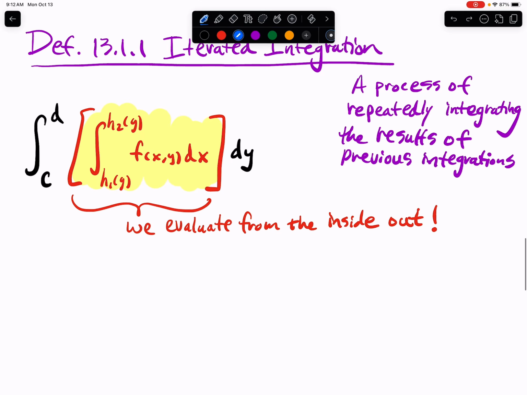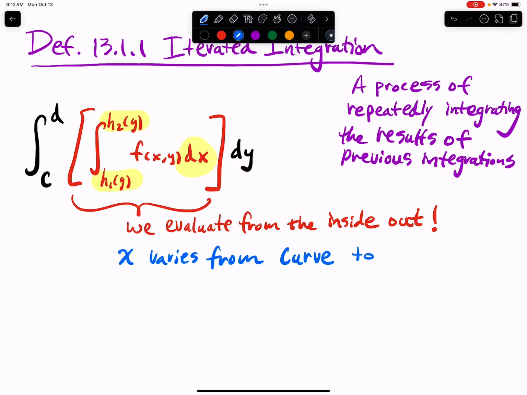Okay, so the x is what I integrate with respect to first. I integrate with respect to x first. Okay, so x varies from curve to curve. What do I mean by that?